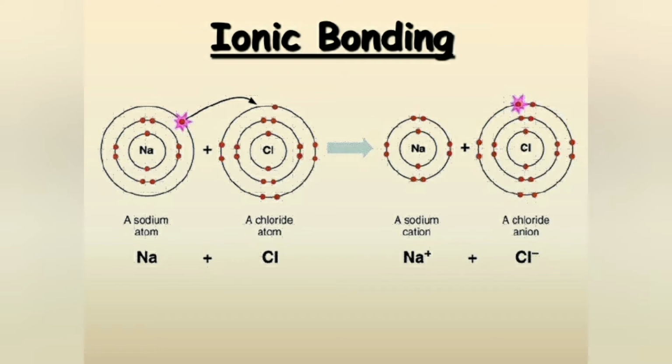The cation is a metal atom and the anion is a non-metal atom, but these ions can be of a more complex nature. Example, molecular ions like NH4+ or SO4 2-. In simpler words, an ionic bond results from the transfer of electrons from a metal to a non-metal in order to obtain a full valence shell for both atoms.